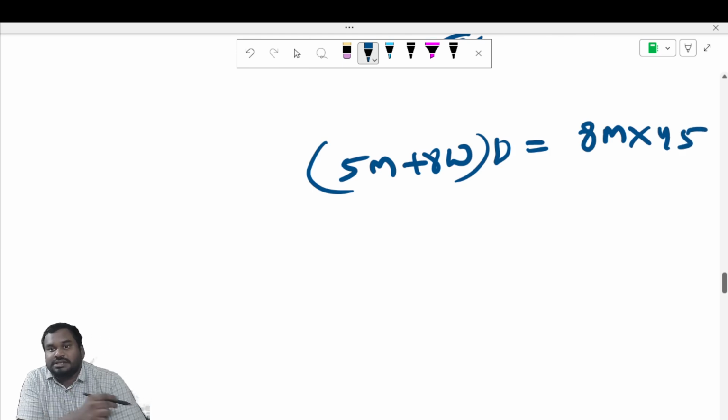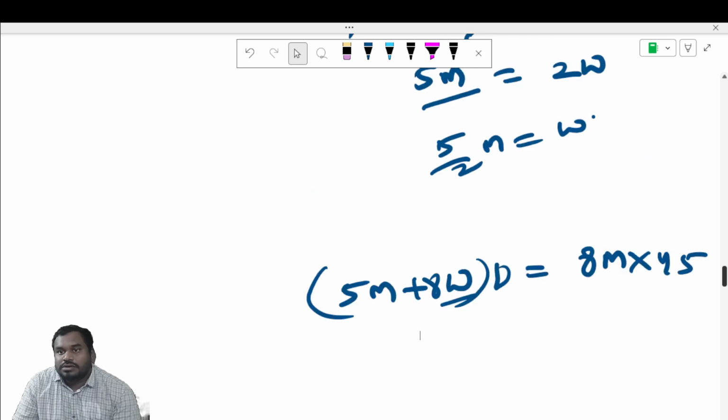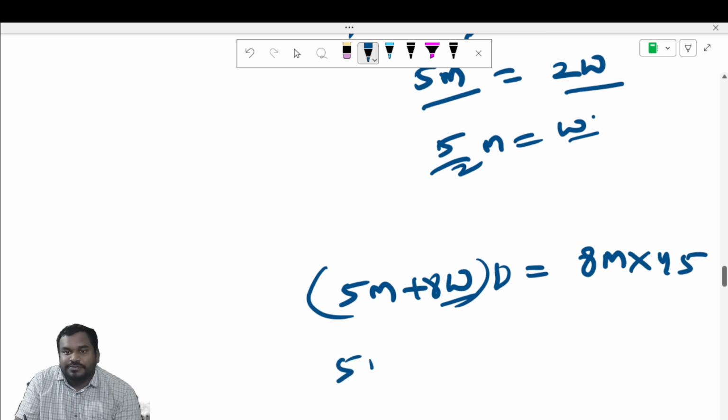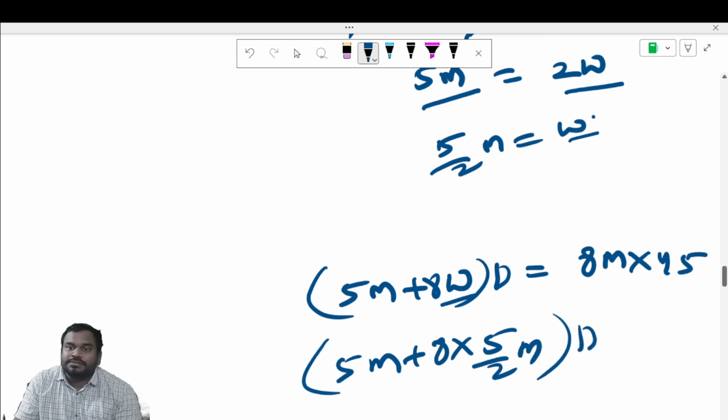Since 2 women is equal to 5 men, in place of W put 5 by 2 men. So 5 men plus 8 into 5 by 2 men, into D, is equal to 8m into 45.